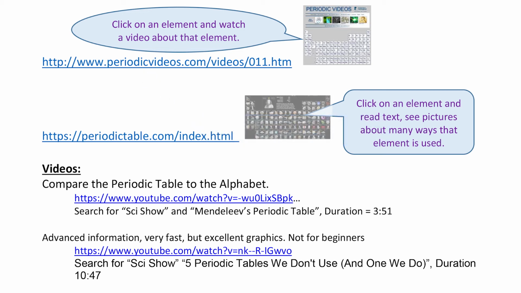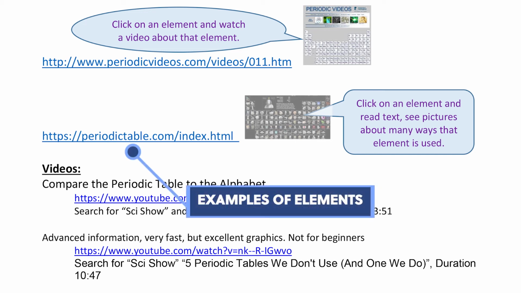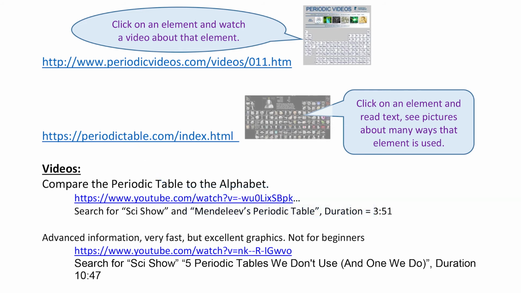So if you wanted to see a video about manganese or about cobalt or about uranium, you could go there. There's also another website that lists examples of the elements and how they are used in nature. So if it's not part of your coloring book package, you can go to that one and learn more about it. There's also some other videos and other lecture notes that you might find interesting.